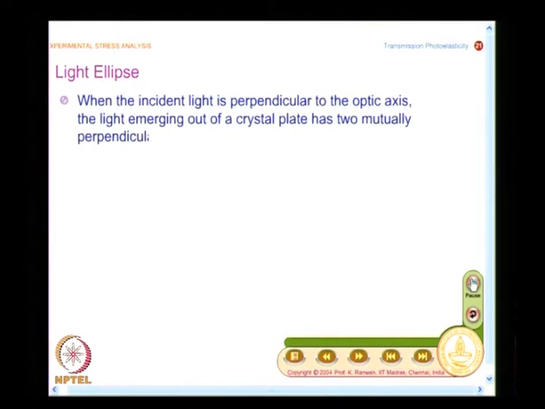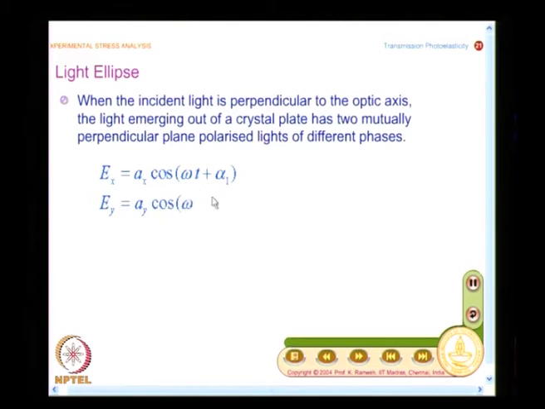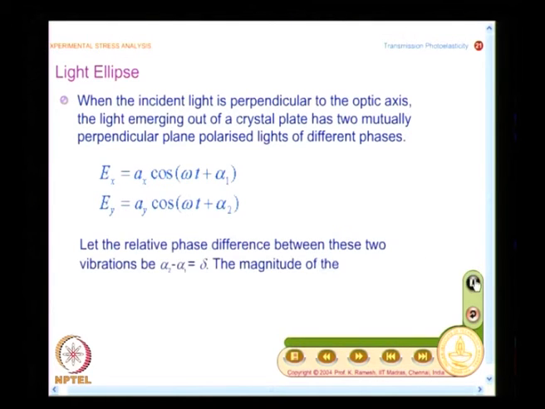Even before developing the concept, we have labeled this as light ellipse. Whatever we are going to do, finally we end up with an equation for an ellipse. For one incident light I have two refracted beams that travel with different velocities, and they could be easily represented by Ax cos(omega t plus alpha 1) and Ay cos(omega t plus alpha 2).